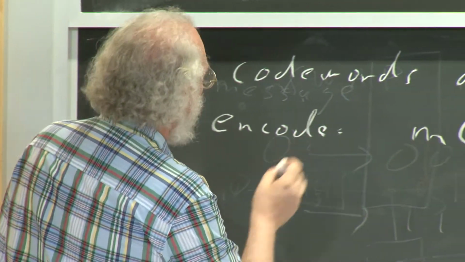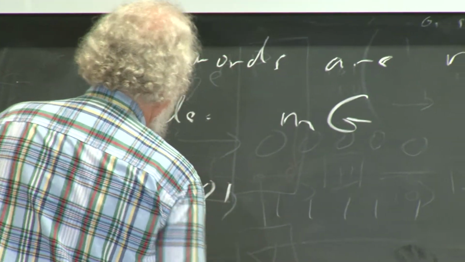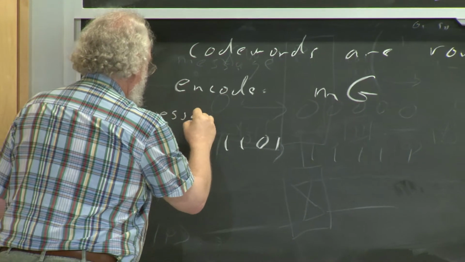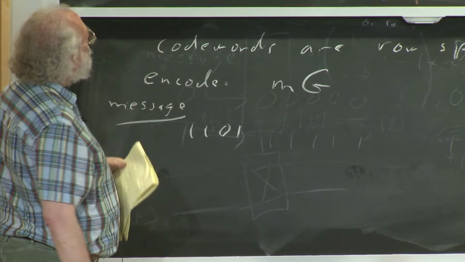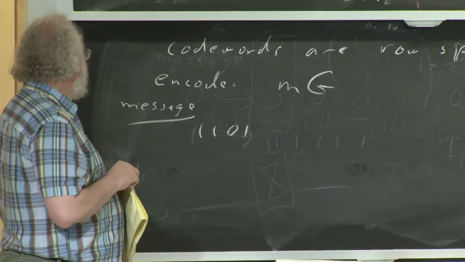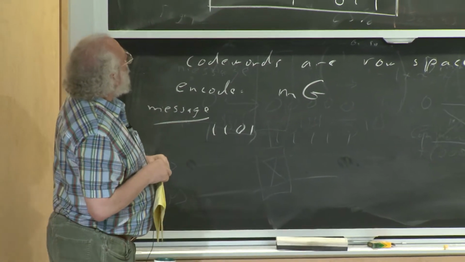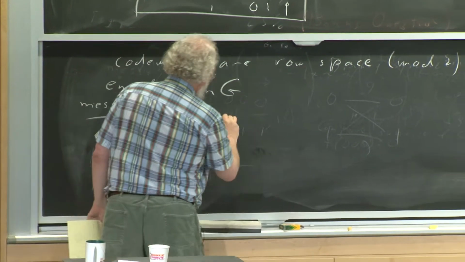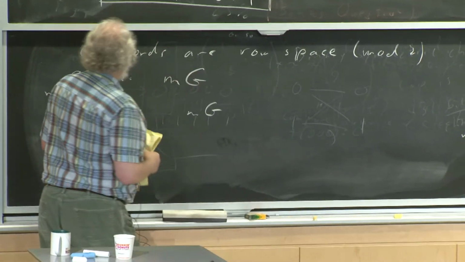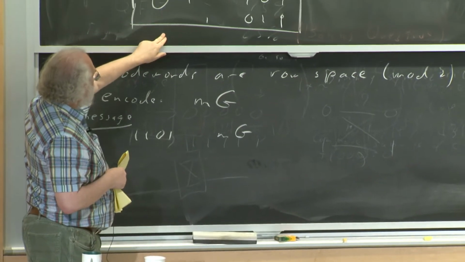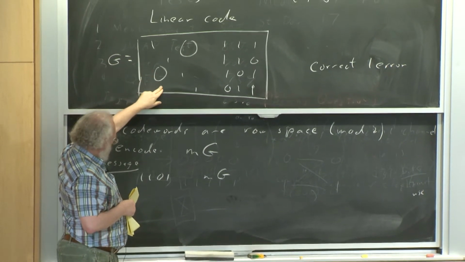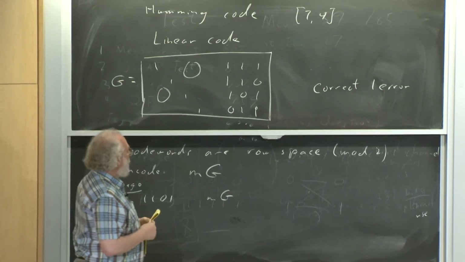So suppose we have 1, 1, 0, 1. Suppose that's our message. Okay, to encode mg, we multiply it by this matrix, which means we take the first plus the second plus the fourth row.